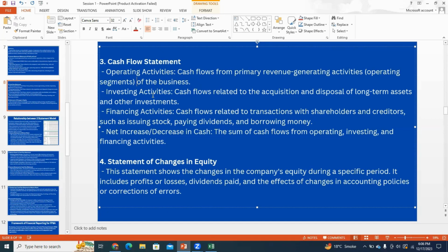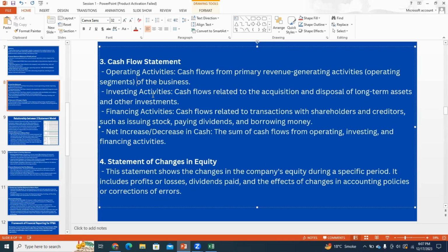They will think that management is taking wrong decisions and the organization is spending a lot of cash. Where does the cash go? That can be seen under the cash flow statement, under the operating, investing, and financing activities. We have to analyze that deeply to get the result.